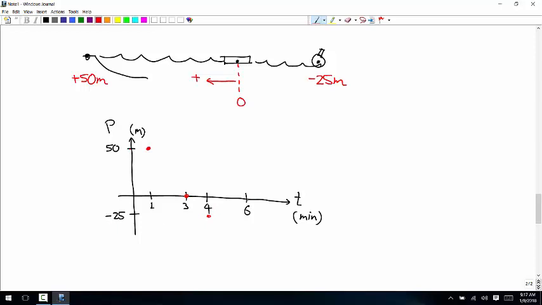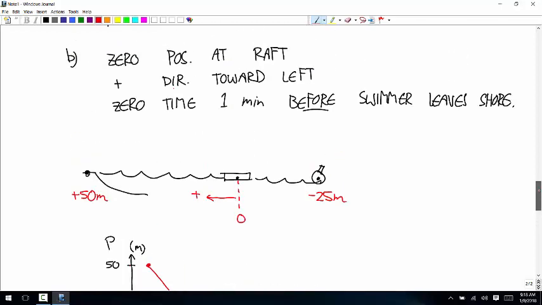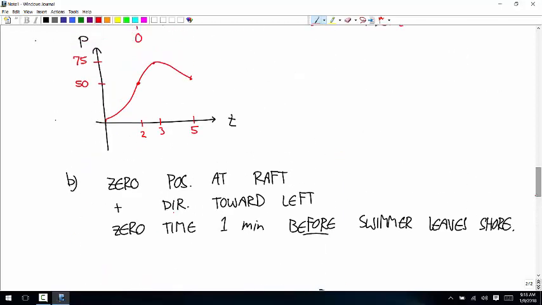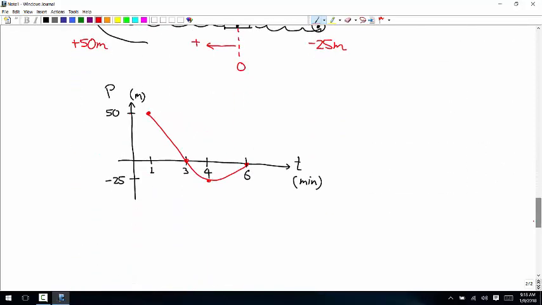And then at 6 minutes, the swimmer is going to get back to location 0. And this position versus time graph looks pretty different from this one. There are certain similarities, but compared to the one before, this is shifted horizontally.